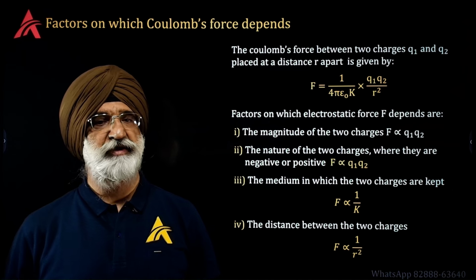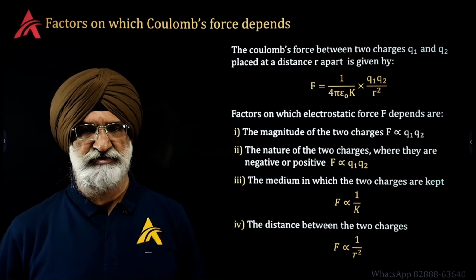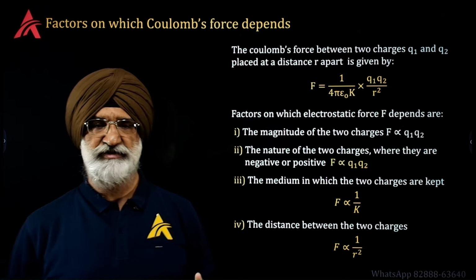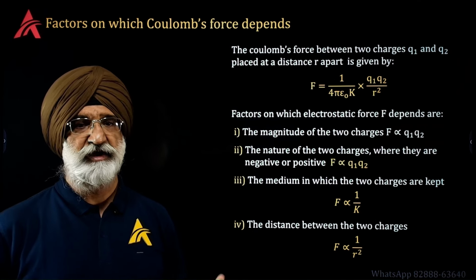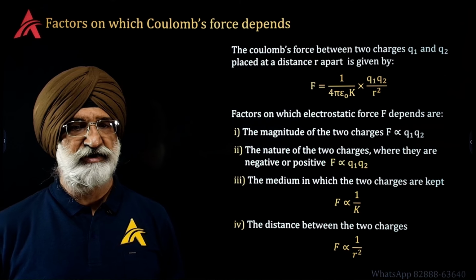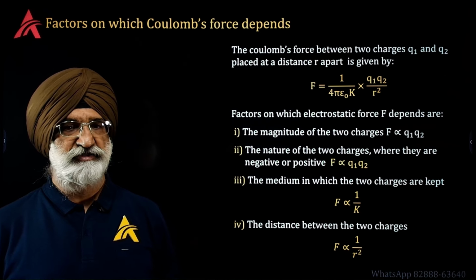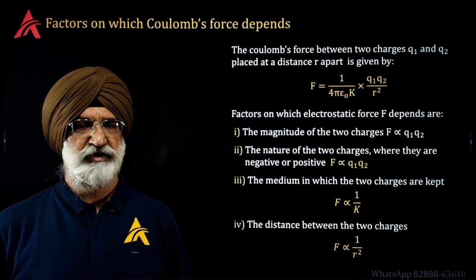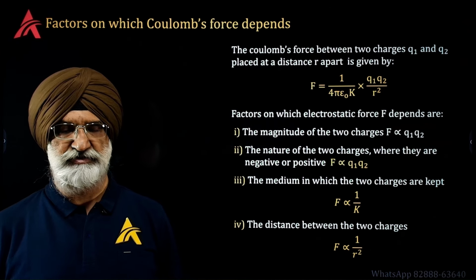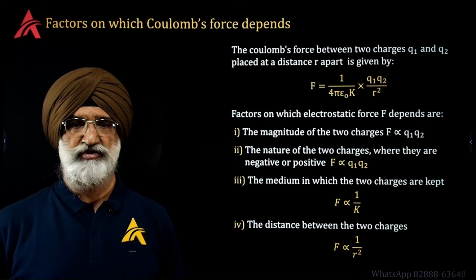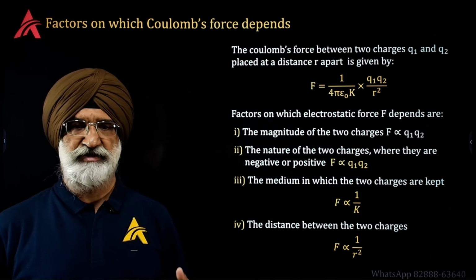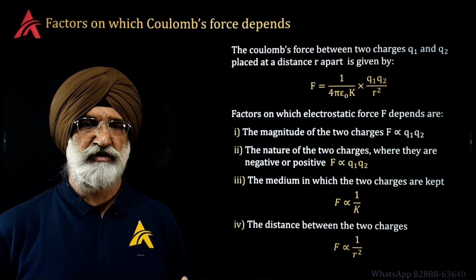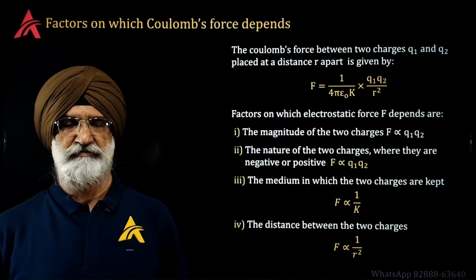Secondly, it will depend upon the nature of the two charges, whether they are positive or negative. Like charges will always repel each other, unlike charges will always attract each other. Thirdly, it will depend upon the nature of the medium in which we are keeping the two charges. The property of the medium which plays an important role is the dielectric constant of that medium, or relative permittivity of that medium.